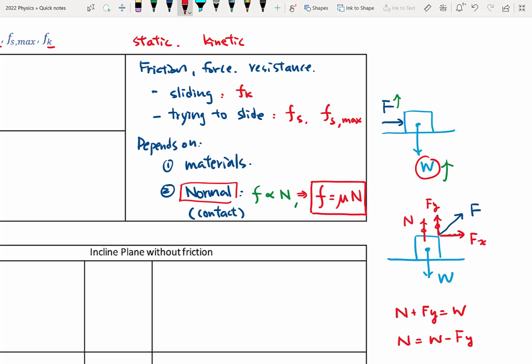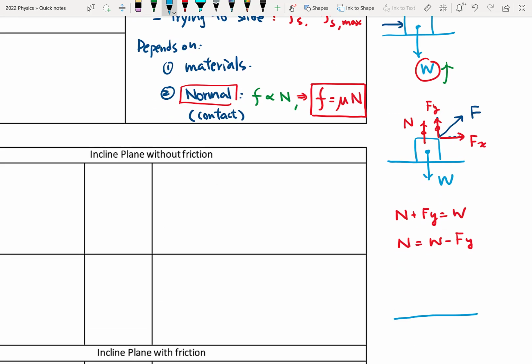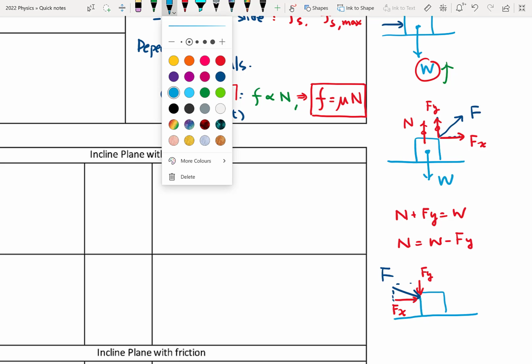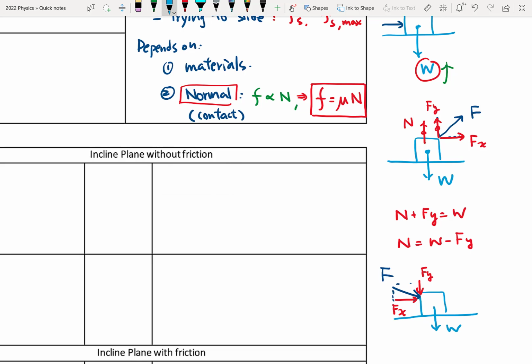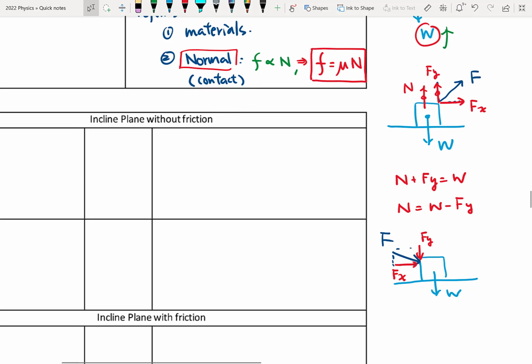Also, if you push it down, this is Fx and this is Fy, and the weight is constant, but the normal force is upward.